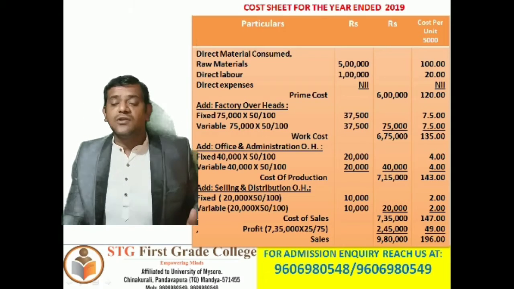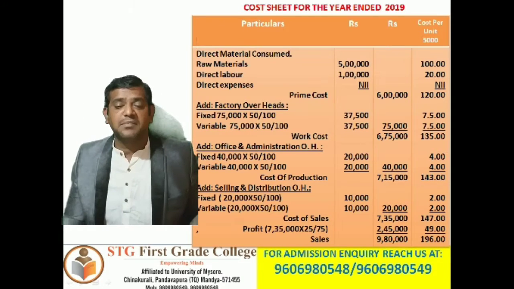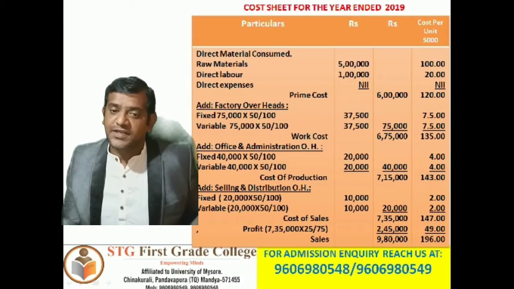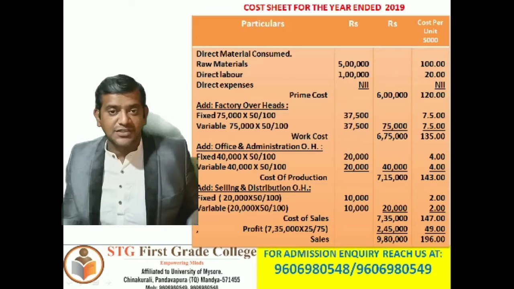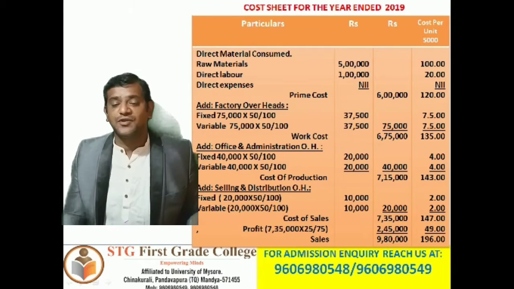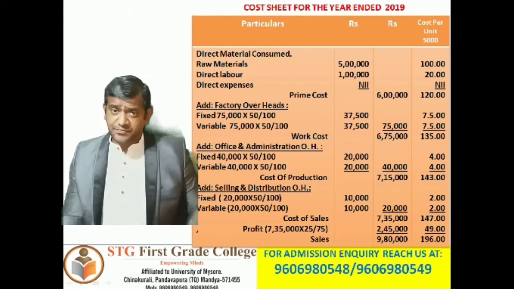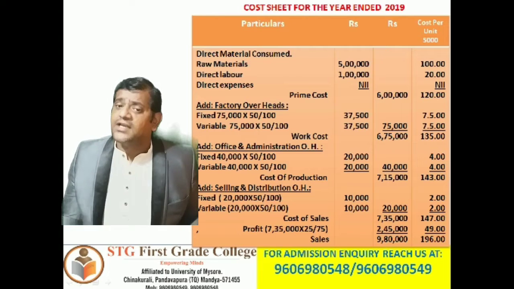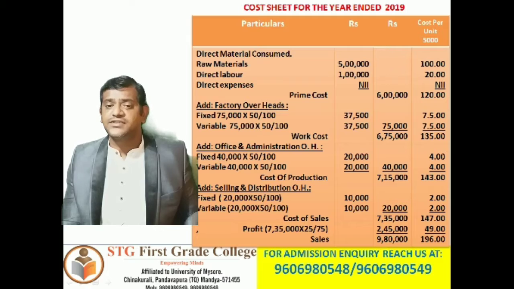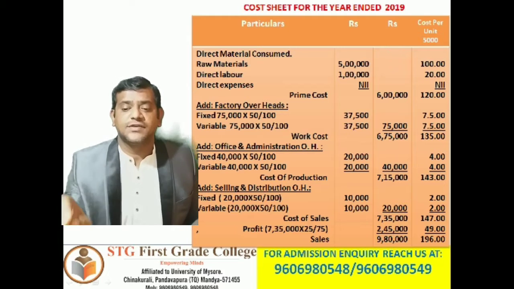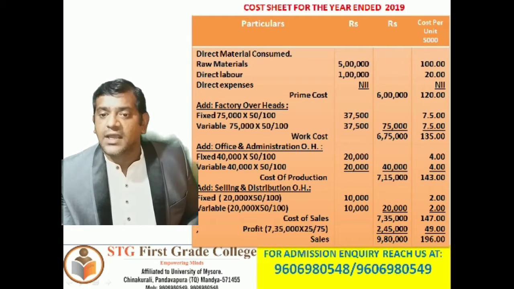So now total all the above: 5 lakh plus 1 lakh, 6 lakh rupees is the prime cost. 6 lakh divided by 5,000 is 120, that is the cost per unit of prime cost. Add factory overheads. Factory overheads are 50% fixed and 50% variable, that was given in the problem.